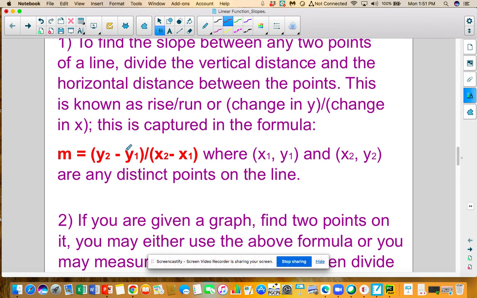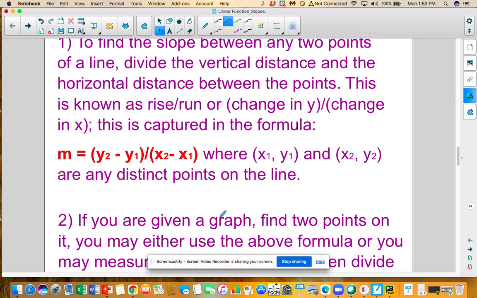So you subtract the y's from each other and divide by the difference between the x's. Just make sure you keep the order, meaning that if I'm doing the second point, y2 minus y1, I have to also start at the bottom with x2 minus x1.